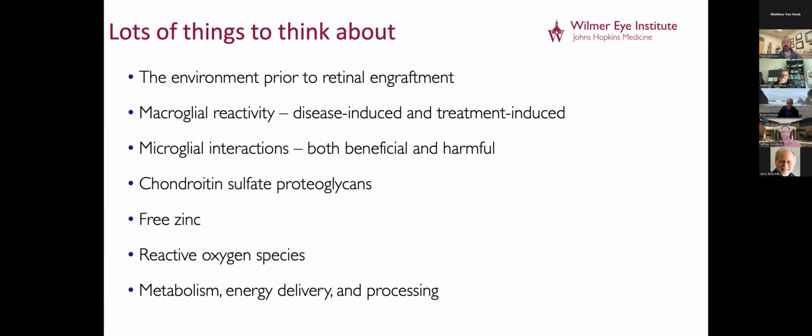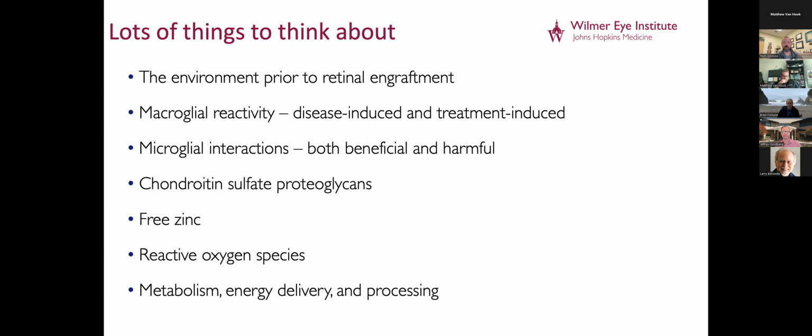One thing we should not lose sight of is that, depending on how you transplant RGCs, they may encounter multiple environments. If we're injecting cells into the vitreous cavity, that's going to be a very unique environment compared to what they experience if and when they engraft into the retinal parenchyma.